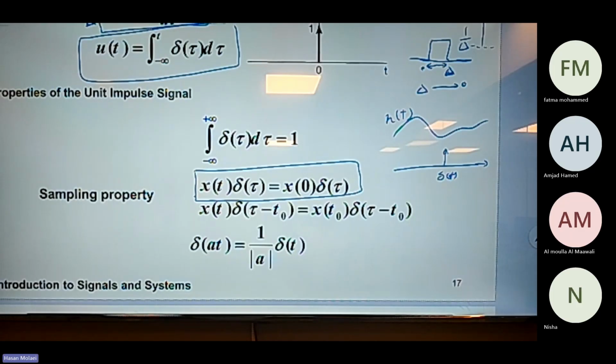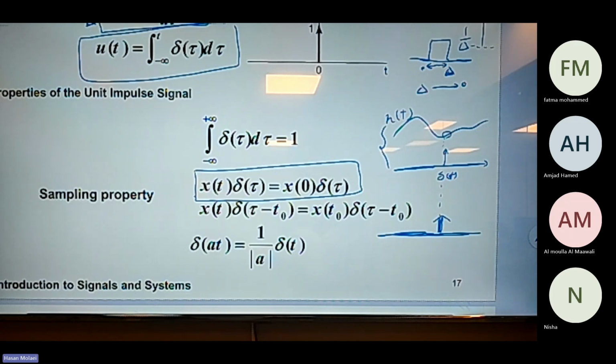The result would be 0 everywhere, because delta is defined only at one point, so it should be 0 everywhere unless where delta is defined, at 0.